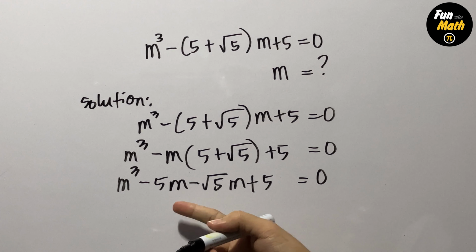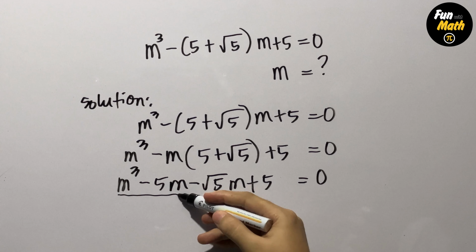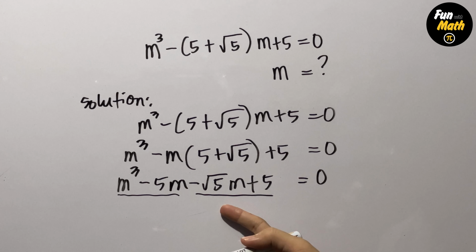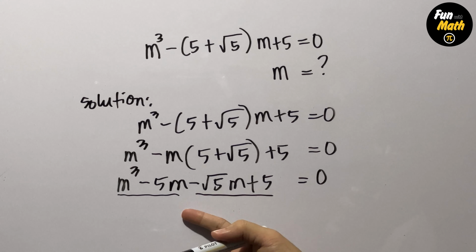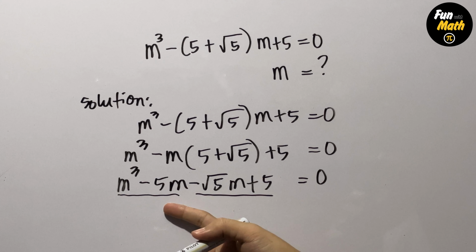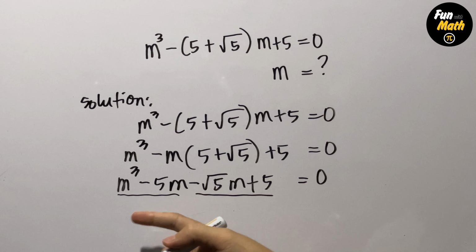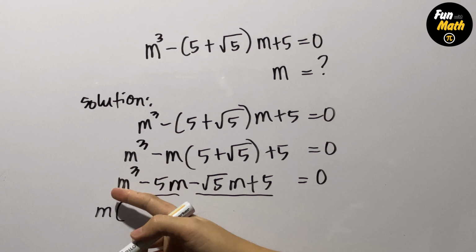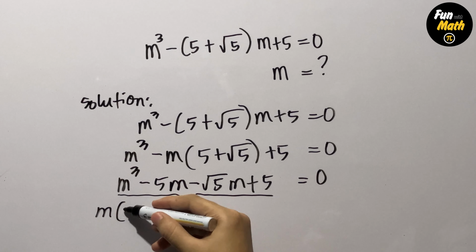Now we compare this. So this is the first pair. This is the second pair. Each pair, we can factor this in terms of common. So for the first pair, the common is m. So let's write m. m times m cubed divided by m, that's m squared.